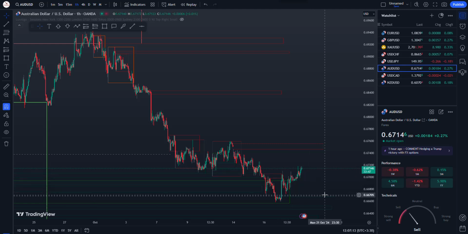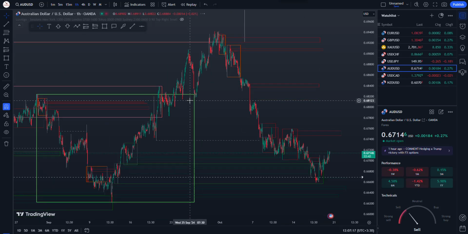So I am still waiting for this level for making long, not other things. And actually, because this one is back to here, I don't think this one wants to work.